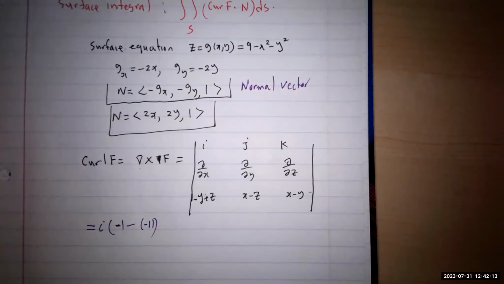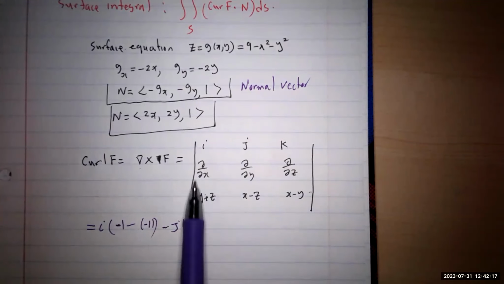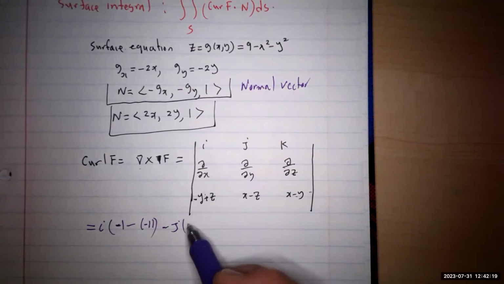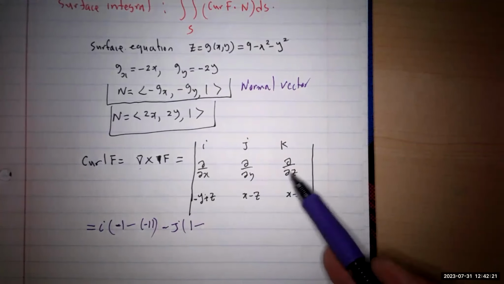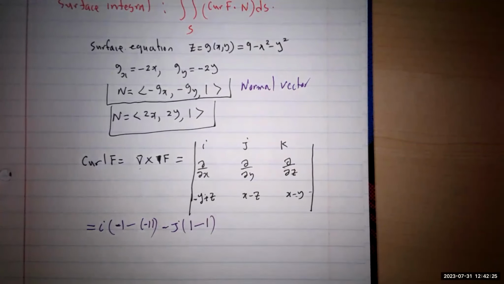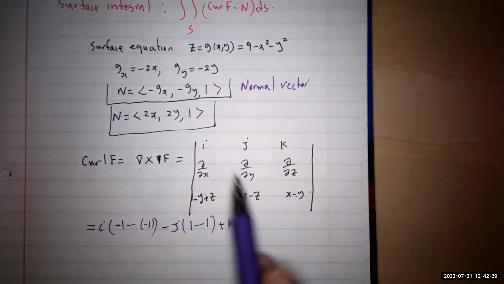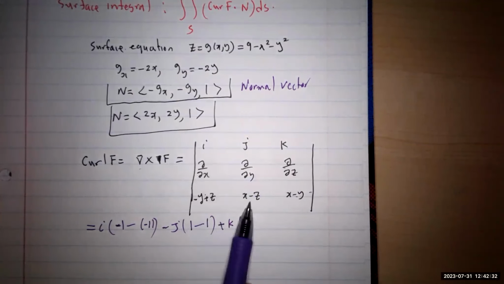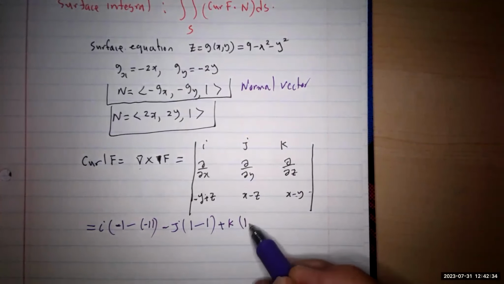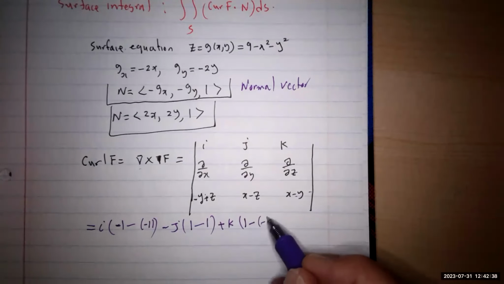That's the first one. Then minus j times the partial derivative with respect to x, 1, minus the partial derivative with respect to z, which is 1. Sorry, plus k times the partial derivative with respect to x, 1, minus the partial with respect to y, which would be -1. So 1 minus -1.